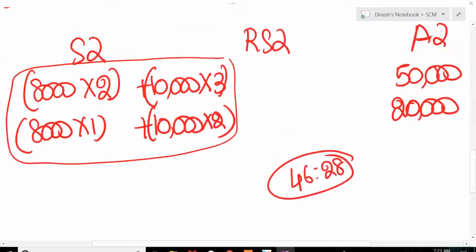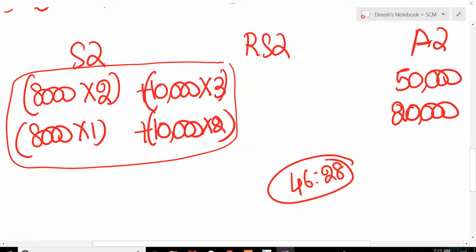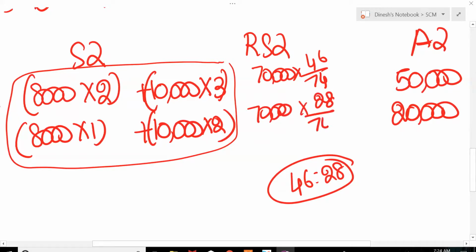So your RSQ is 70,000 into 46/74, and 70,000 into 28/74, split in the ratio of 46:28.